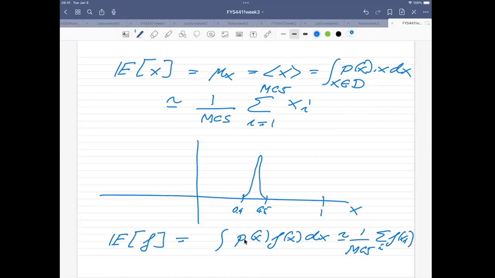Now, if I'm using a uniform distribution, and I select points between 0 and 1, so this is the uniform distribution, it's 1 here, so P of x here.